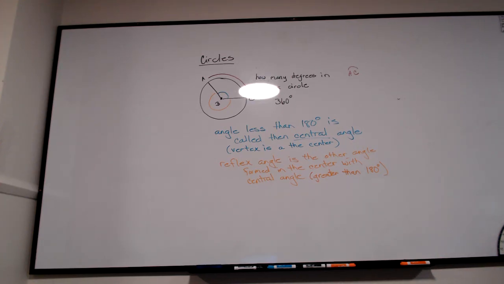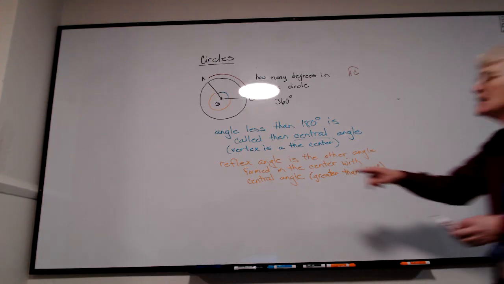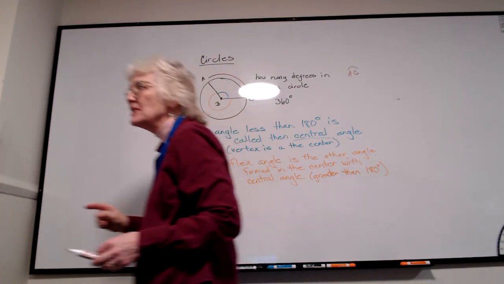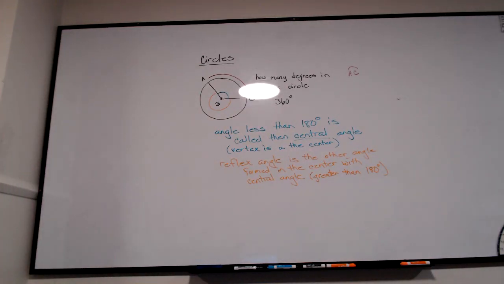So if you're looking at arc AC, it is this arc, not the bigger reflex. It's always the smaller one that we're looking at.